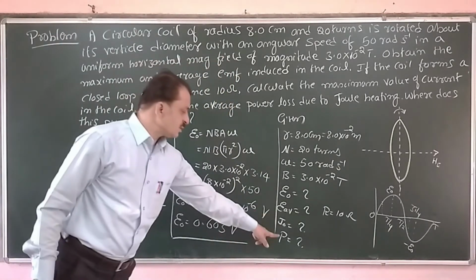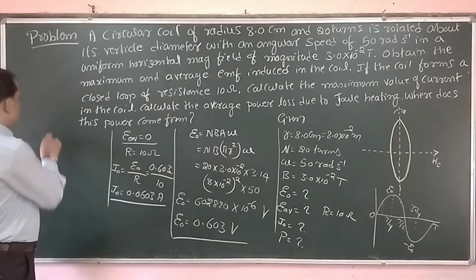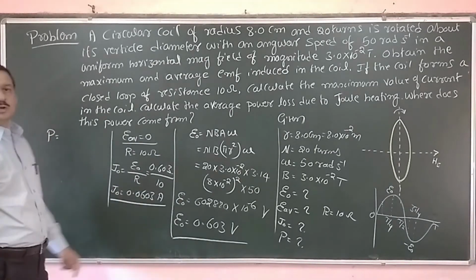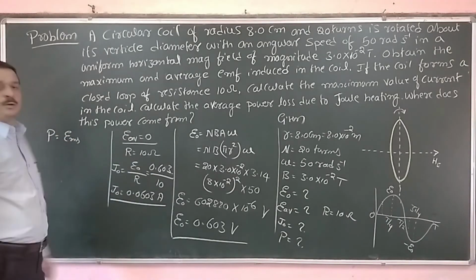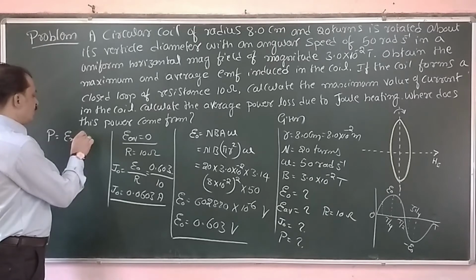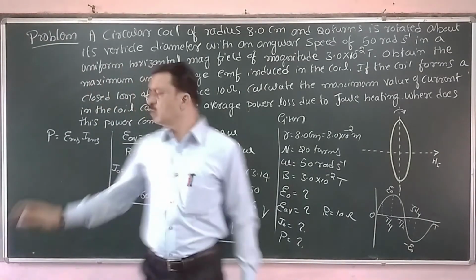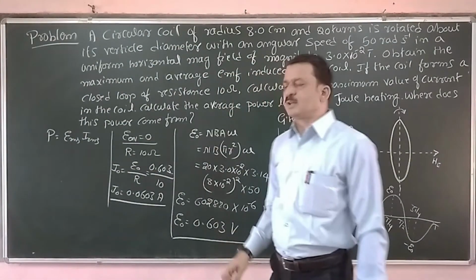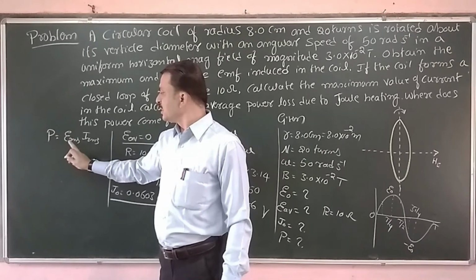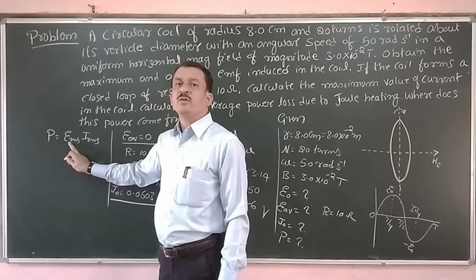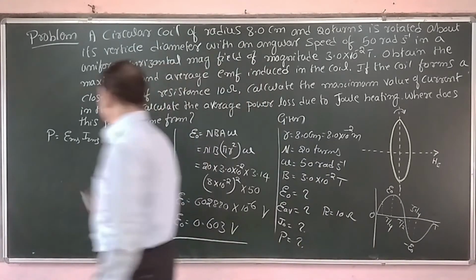And the third one is we have to work out the power dissipation in the circuit or in the coil. Now the power dissipation is the product of the RMS value of the voltage, that is the induced EMF, and the RMS value of the current. That formula also we are going to study in the next chapter, AC.